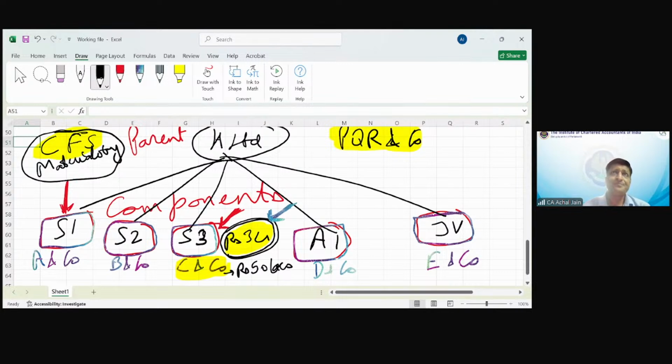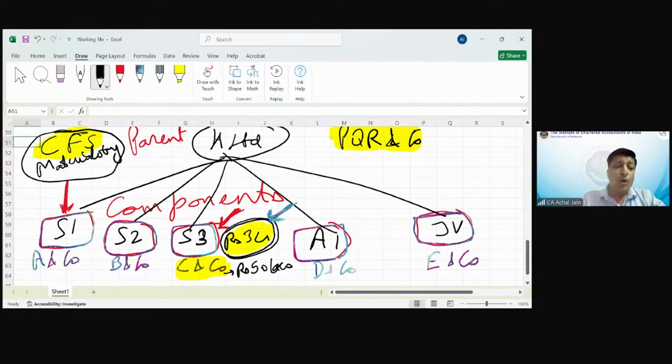Now, depending on the audit approach, the audit materiality, and the size of the components, another thing the parent auditor will plan is the audit procedures to be applied by the component auditors.